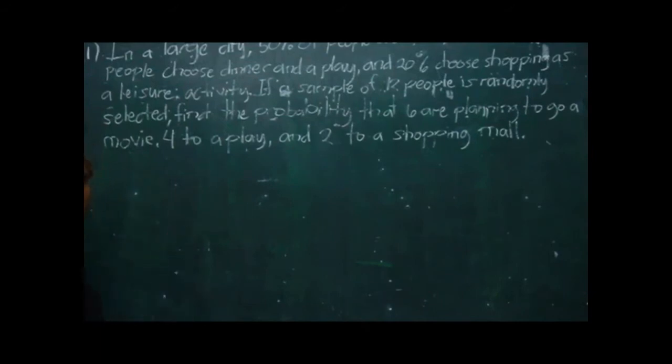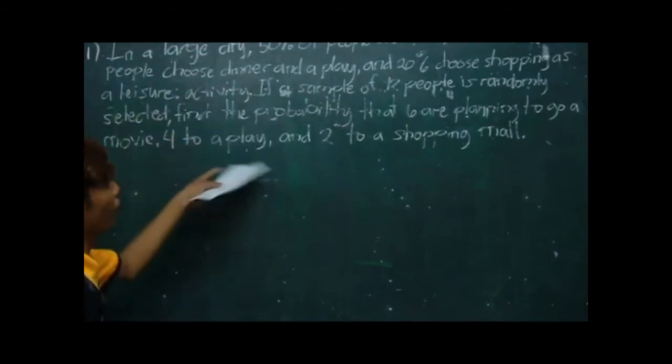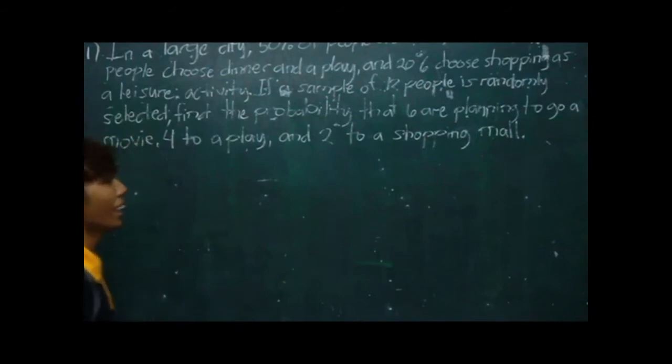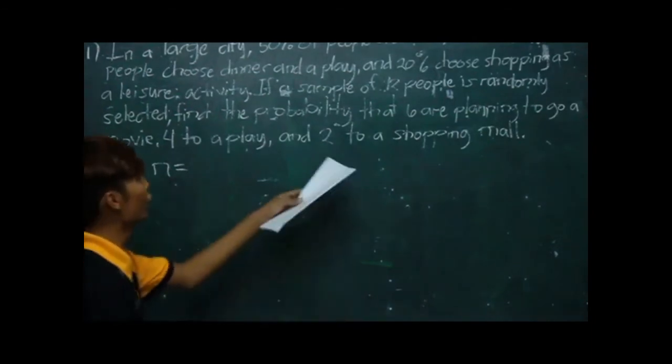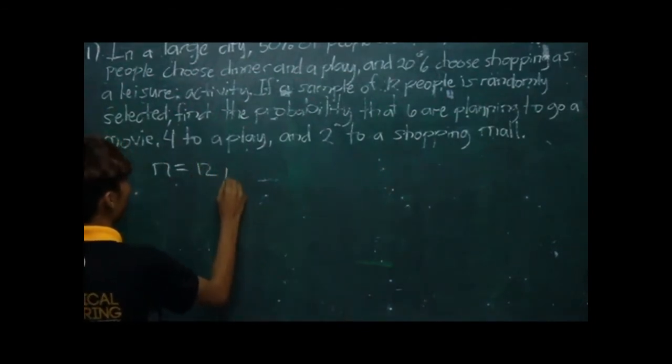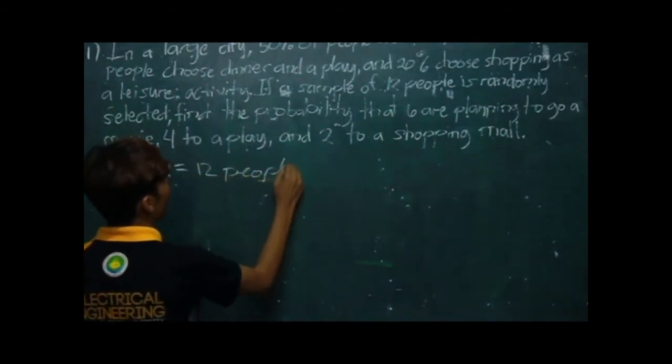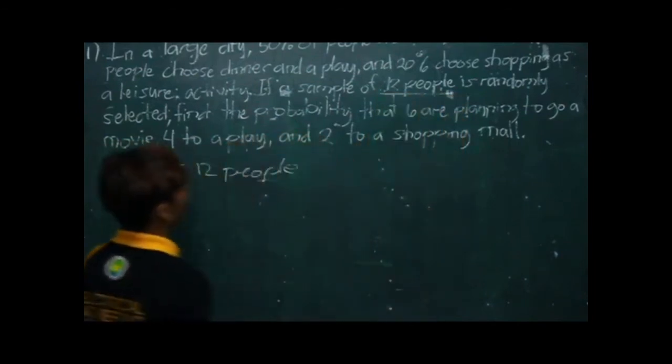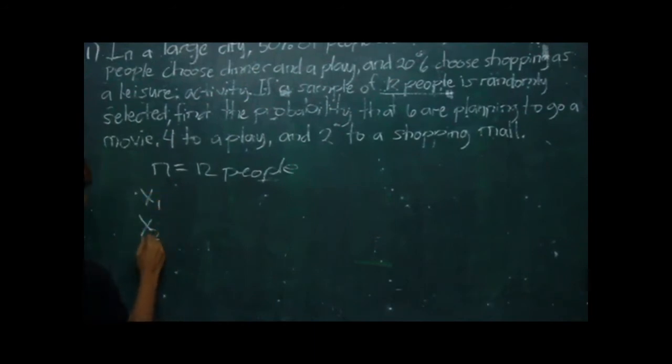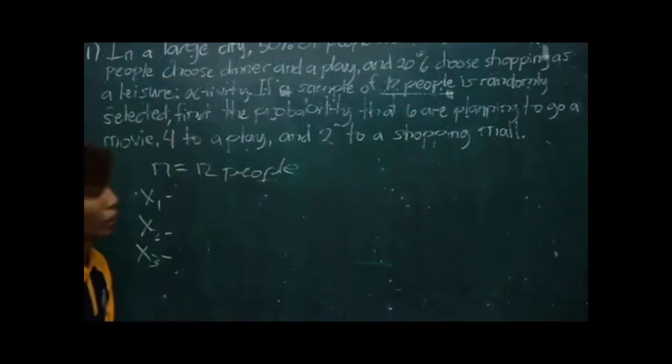As you can see here, there are so many parameters, so many numbers. So let us discern first what our n is. Our sample value is 12 people, since it is indicated that 12 people are randomly selected. Here is our problem. Let's take a look at our x sub 1, x sub 2, and x sub 3, since there are 3 choices.